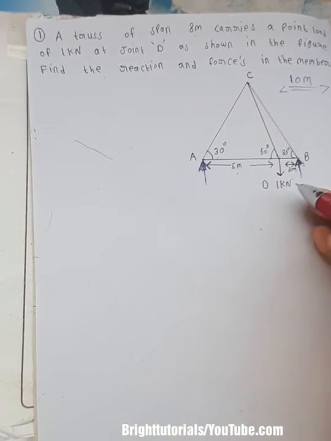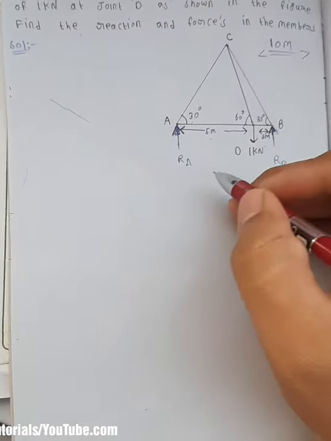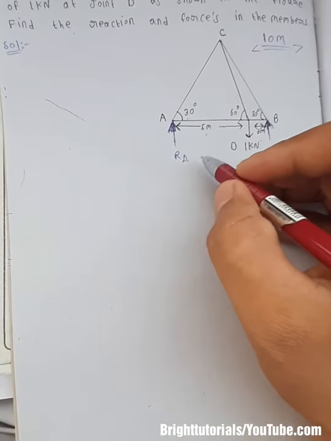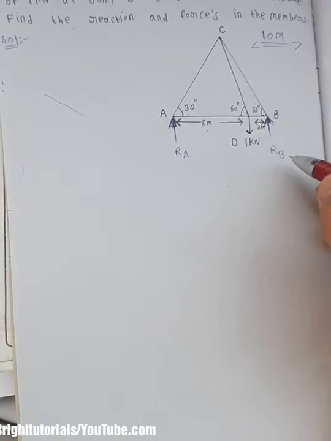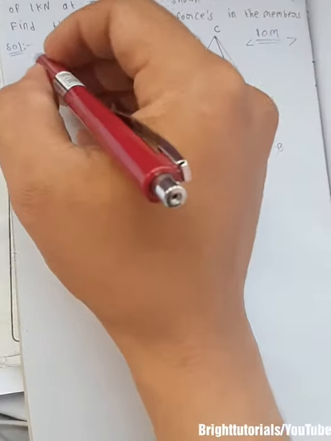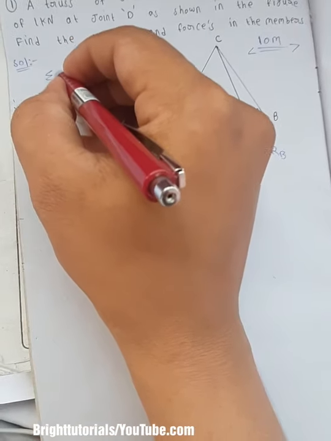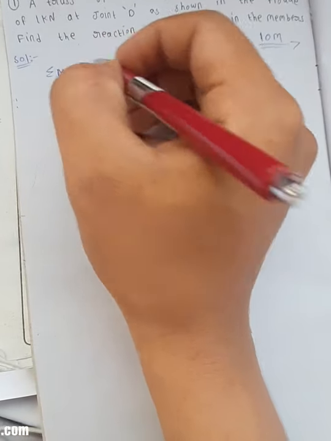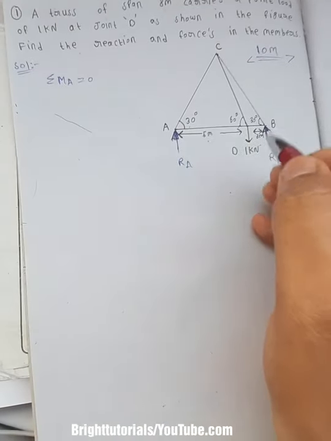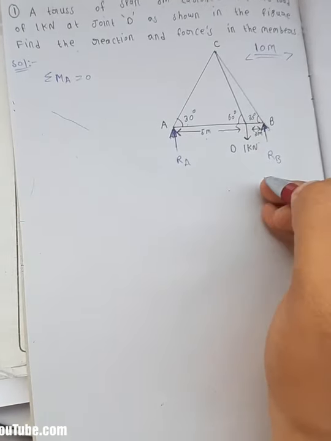First of all, the given truss is simply supported. So there will be a reaction at A, that is RA, and the reaction at B, RB. For finding the reactions RA and RB, we have to do summation of moment at A equals to 0. By that we can get the value of RA or RB.